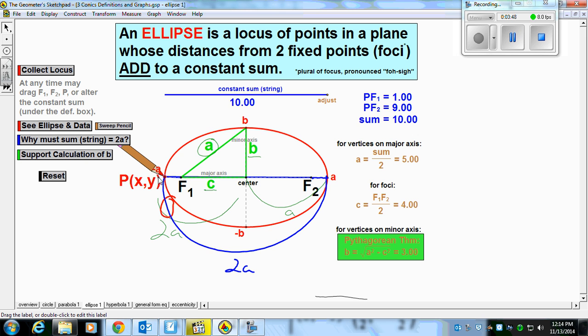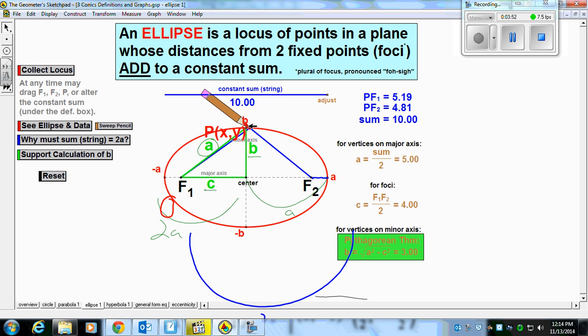When we move our pencil up to the top at B, if this string is 2A across, and I'm at the point B, which is the midpoint, then this segment has to be congruent to this segment.